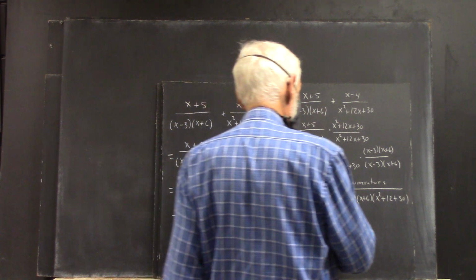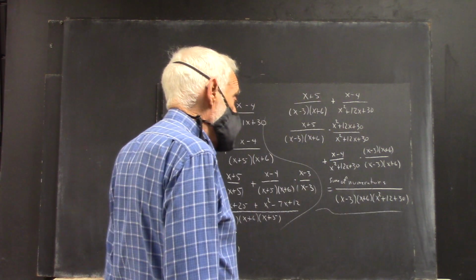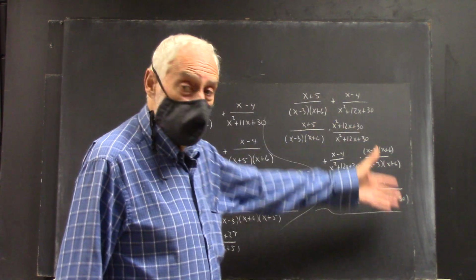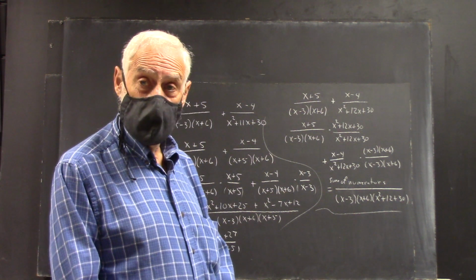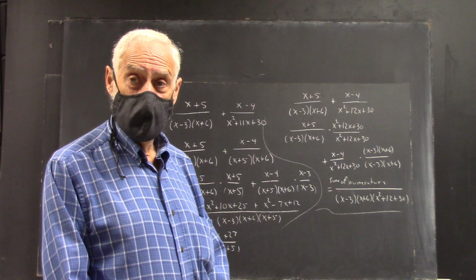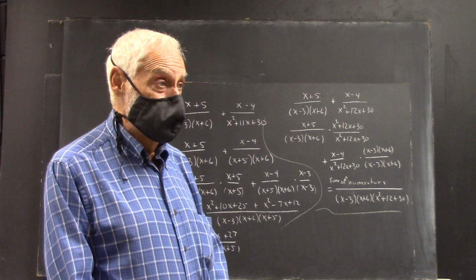Okay. It would be a bit of a pain to expand this, because you would have to expand the numerator, then see if you can factor it, which is unlikely, unless I set it up that way. Okay?